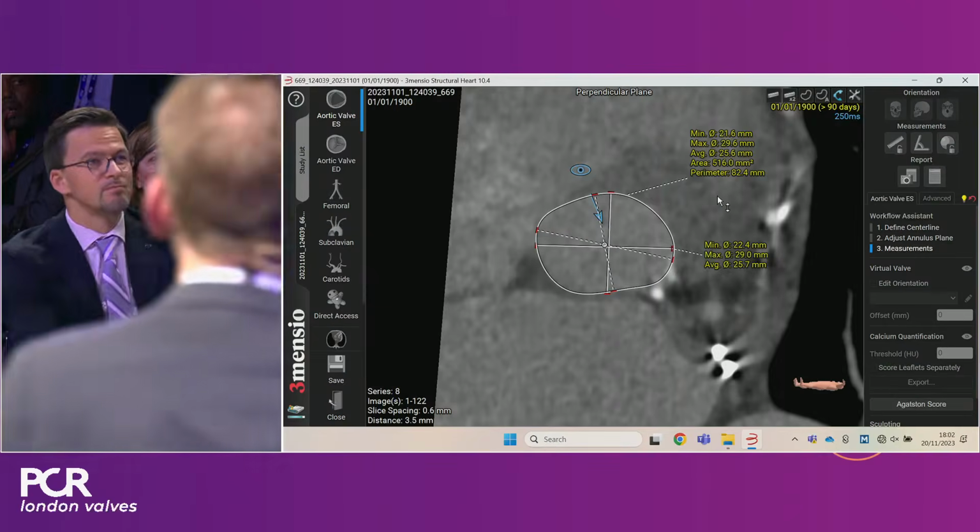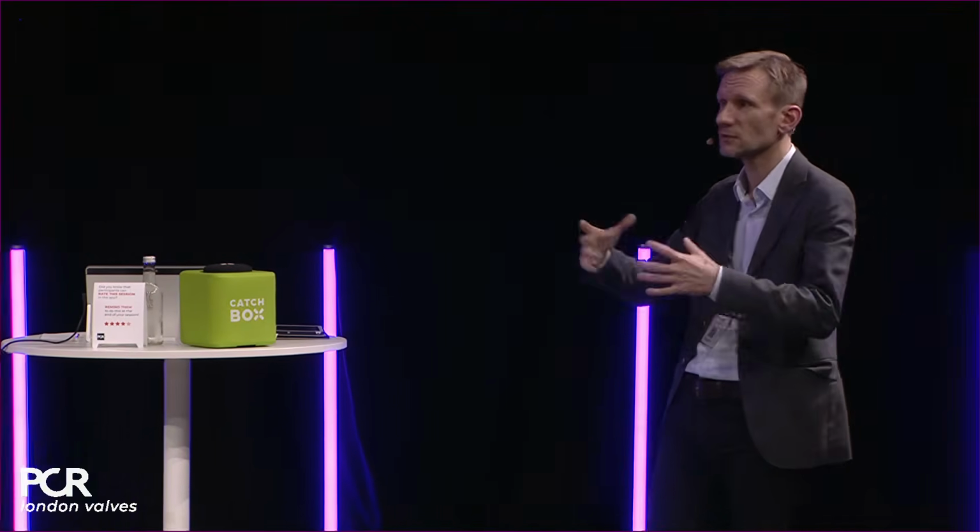Perfect. But I fully agree with your comment that if you would go for a 29, I would also try to aim high, because you have to know that in your 29 valve, the waist goes to 23. So if you would accept a lower implant, let's say 4 or 5 millimeters, you may not cover that annulus range. If you take the decision to go 29, I think you should really aim for, I would not go to 0, but typically a 1 to 2 millimeter implant.